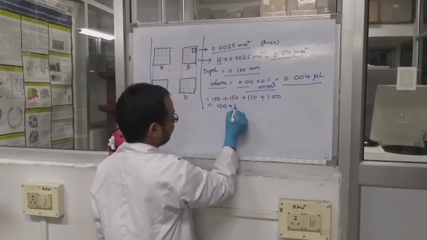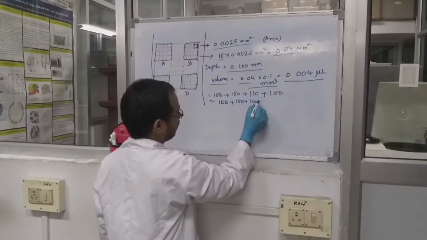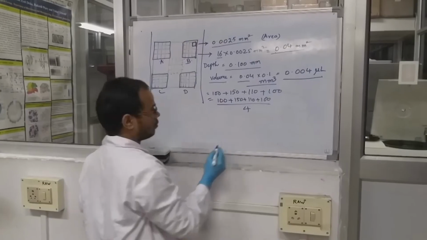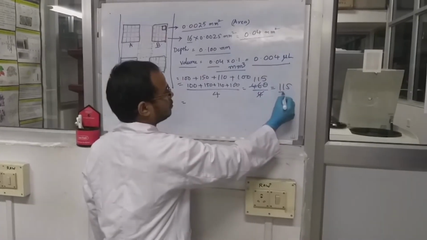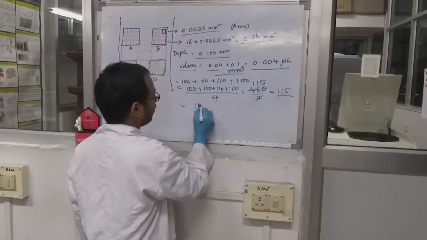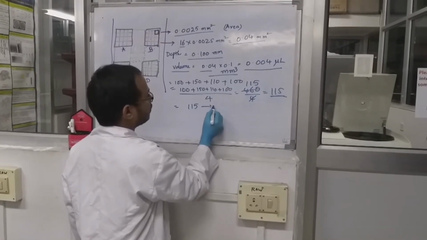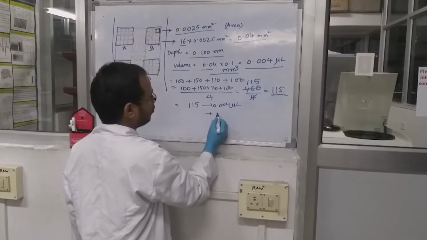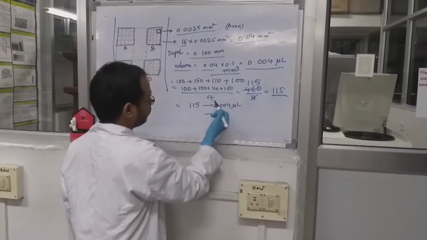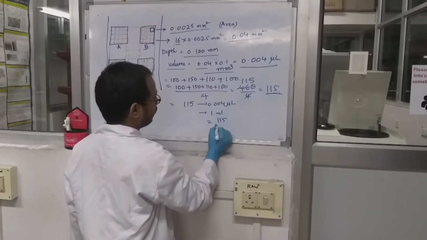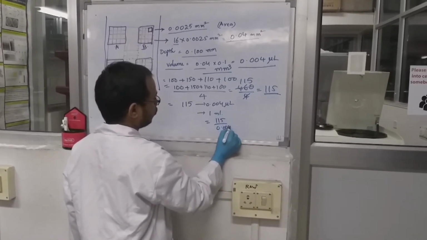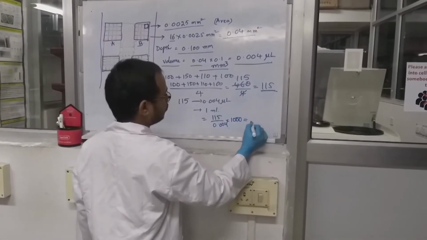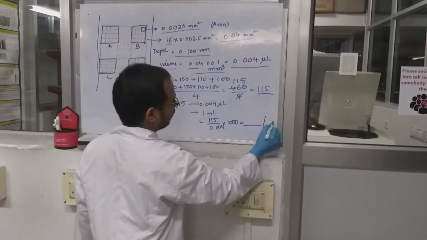That means 100 plus 150 plus 110 plus 100 divided by 4, as 4 squares we are counting. The average is 115. So 115 cells in 0.004 microliter volume. So how many cells per 1 ml? That we can calculate simply: 0.004 into 1000 gives the volume, and from that the cells per ml.